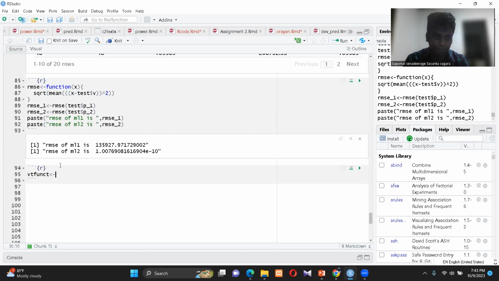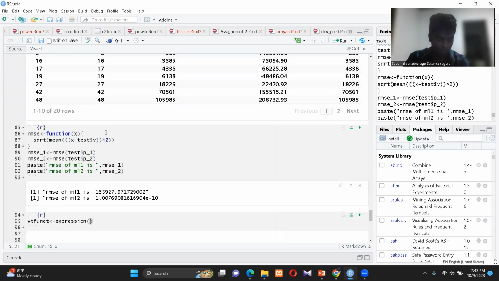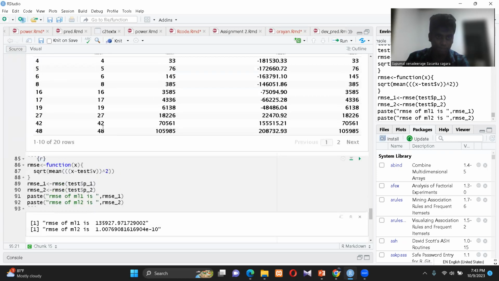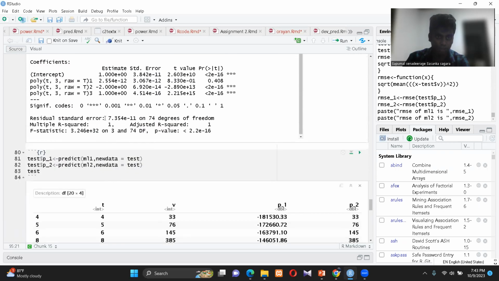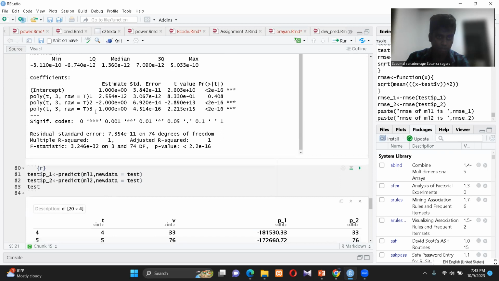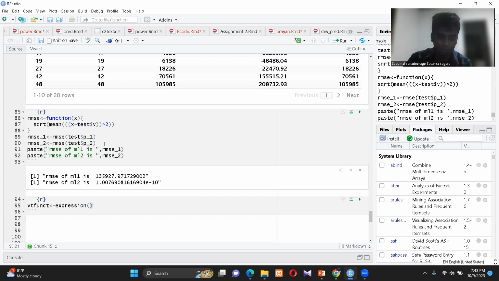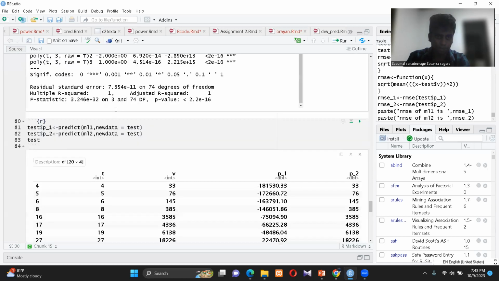Okay, function. Mini function, I want an expression. What is the expression? It is t cubed, t to the power 3 minus 2 times t squared, is it plus 1?